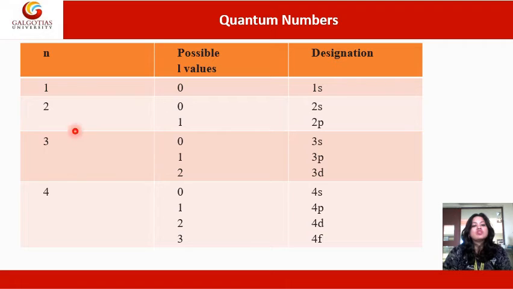When n is equal to 3, there are three possible L values, that is 0, 1 and 2, having three designating letters, that is 3s, 3p and 3d. For n equal to 4, there are 4 possible L values 0, 1, 2, 3 and 4 designated letters, that is 4s, 4p, 4d and 4f, and so on.